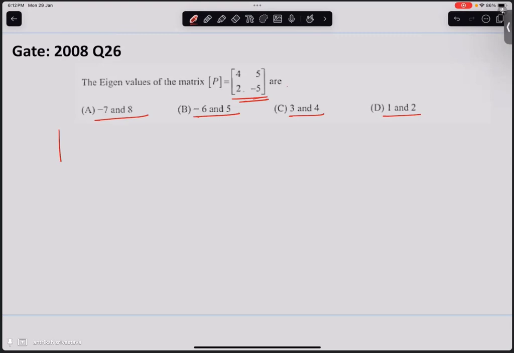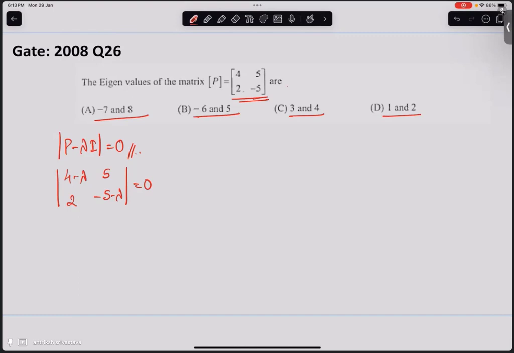How do we get that characteristic equation? We put the determinant of P - λI equal to 0. So let's write that here: |4 - λ, 2; 5, -5 - λ| = 0. Now why did we subtract the lambda only from these diagonal elements?